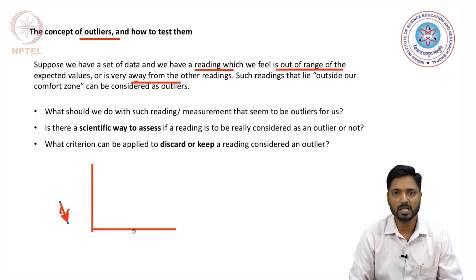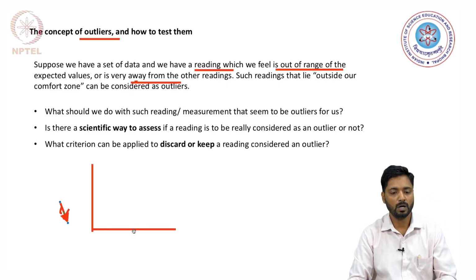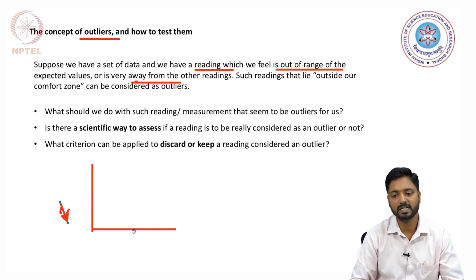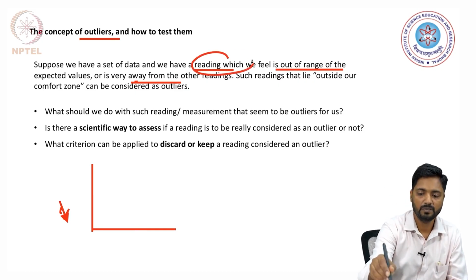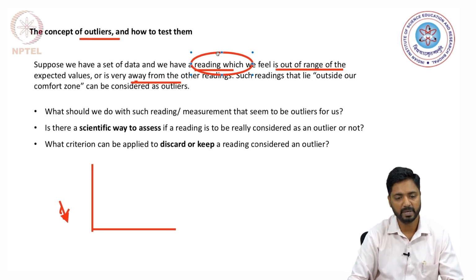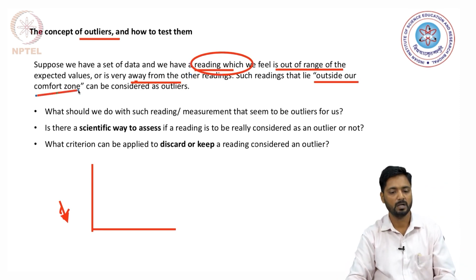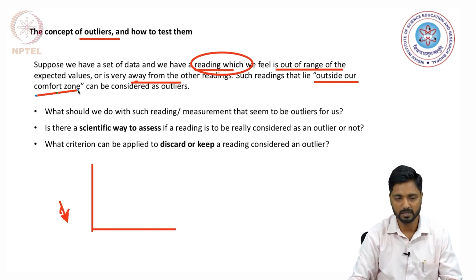Now, let us look at the concept of outliers and how do we test them. So, suppose we have a set of data and we have a reading which we feel is out of range of the expected values, or it is very far away from other readings. Such readings which lie outside our comfort zone are considered as outliers.